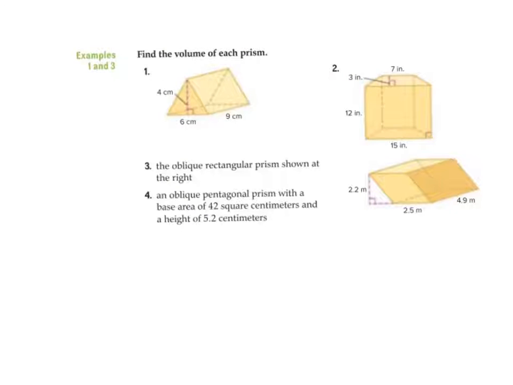So let's have a look at example 1. Basically what you've got is a Toblerone or a tent. The base is going to be your triangle. It's a triangular prism. So again, the volume is going to equal the area of the base times the height. You can put the triangle into your calculator: a half base times height.